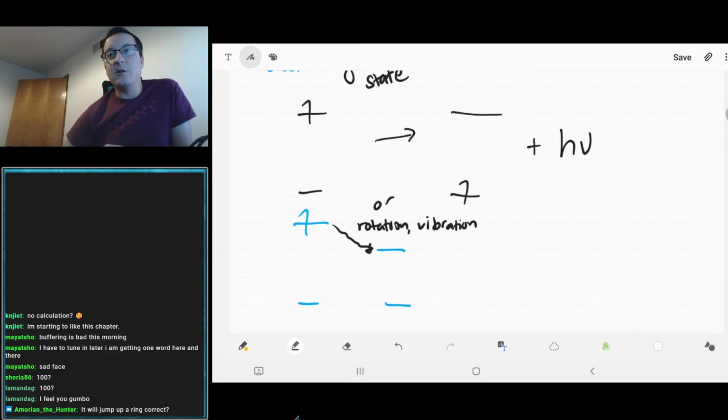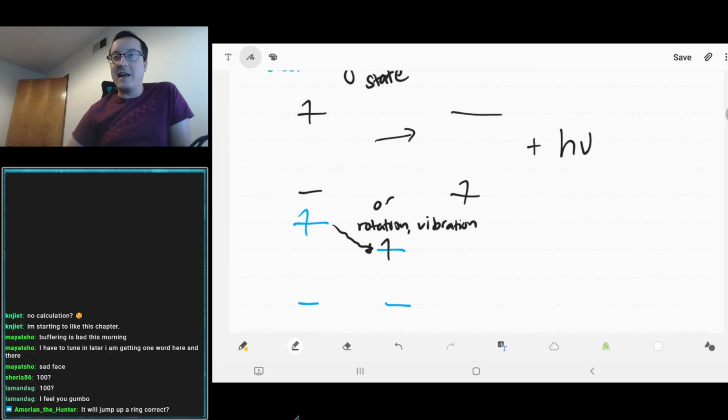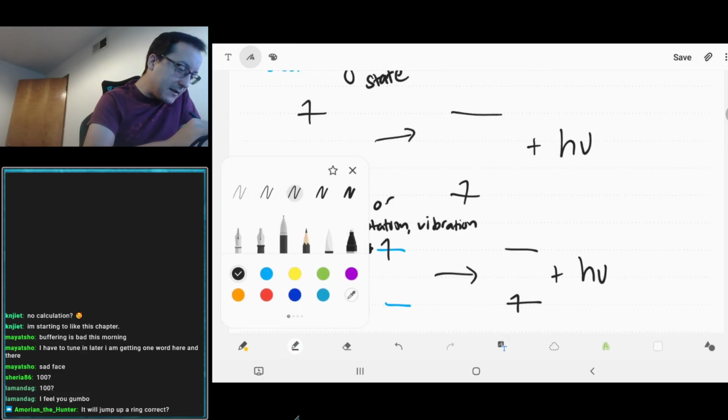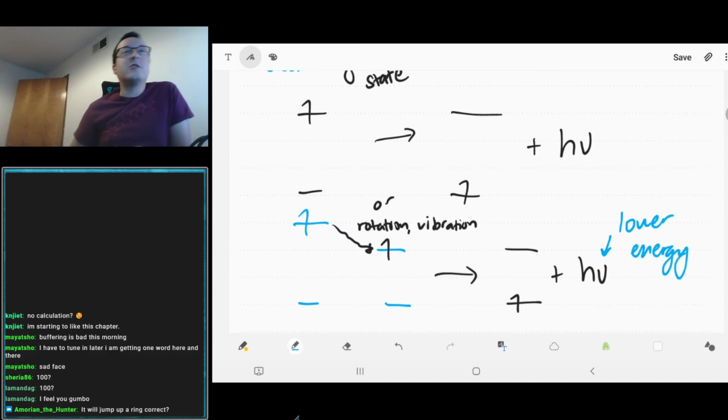So we're now going to move to a slightly lower energy state. And now we can blast that down to its other one. But in this case, this photon that's released is lower energy.